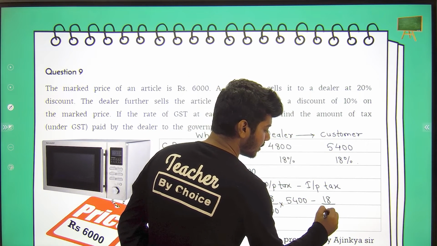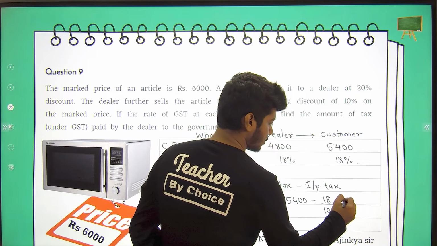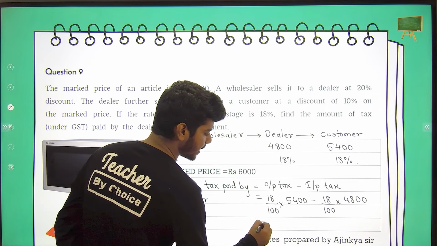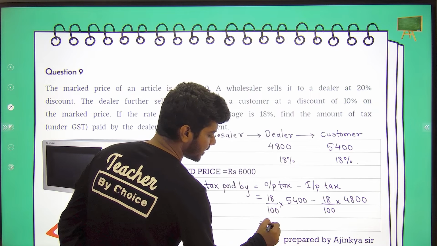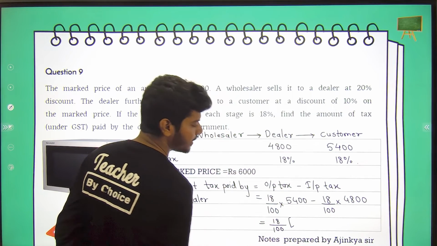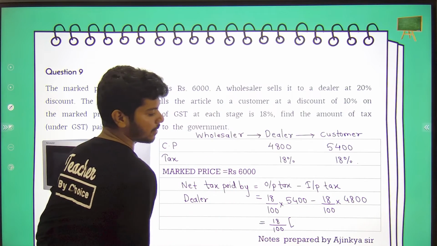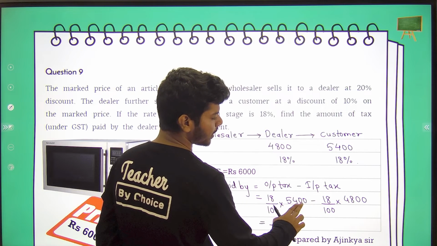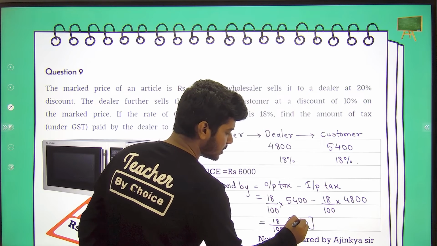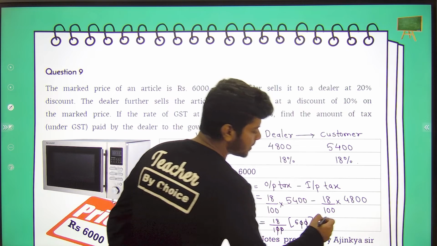So here, 18 by 100, let's take common, and what we will multiply here is 5400 minus 4800. This would give me 600, out of which zeros cancel. So this would be 18 times 6, which is 108.